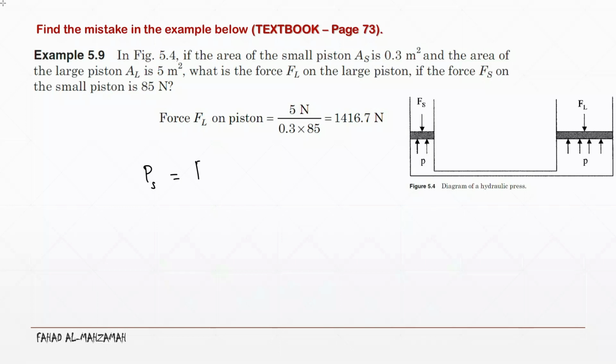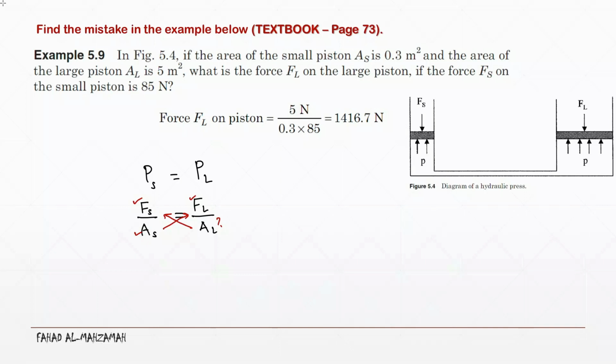So we say that the force on the small piston over the area of the small piston is the same as the force on the large piston over the area of the large piston. So let me find the fourth. You can make the cross multiplication to find the unknown. For example, if you know three of these and one is unknown, how do you find it? So let's first try to solve for the area of the large piston.